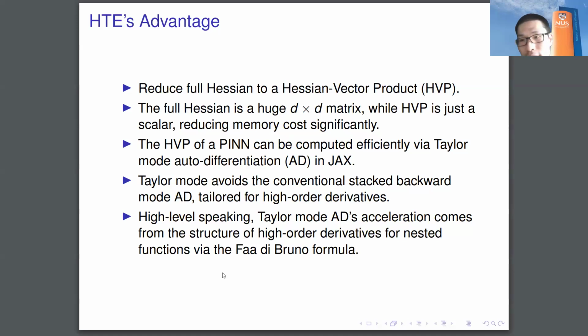So if we write down the high order derivative expression for nested functions and encode it as prior knowledge into the autodiff, then it's much more efficient than viewing the function as a black box and calling backward mode autodiff recursively, which will incur a lot of costs. So this is the high-level picture of why Taylor mode automatic differentiation is good.